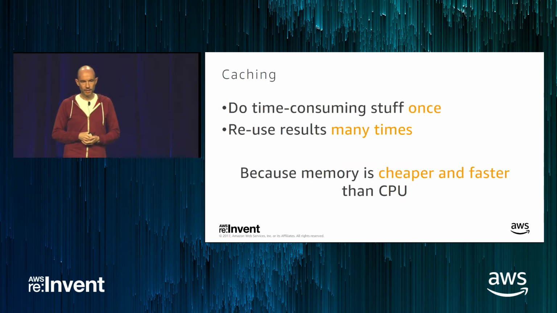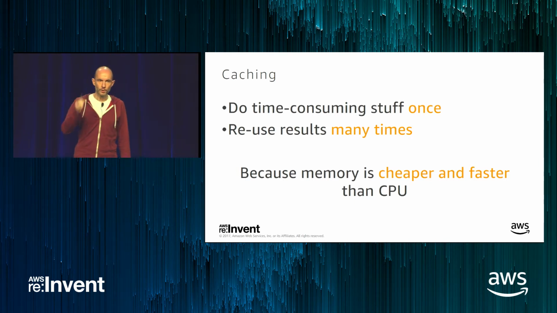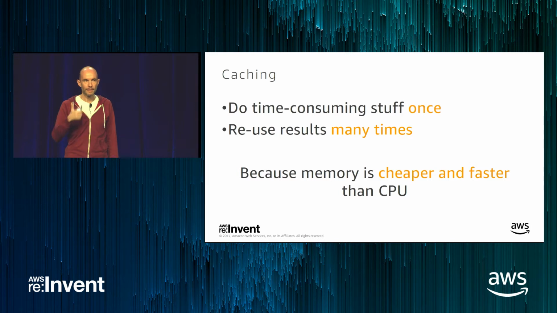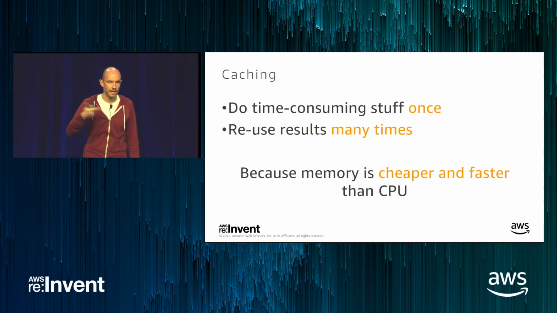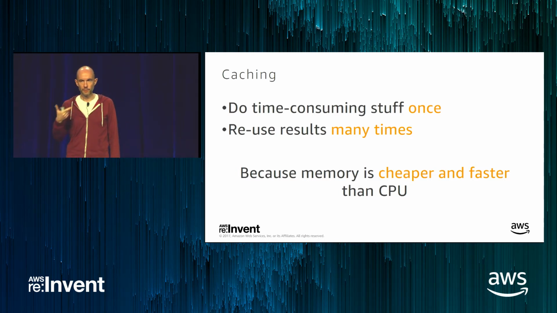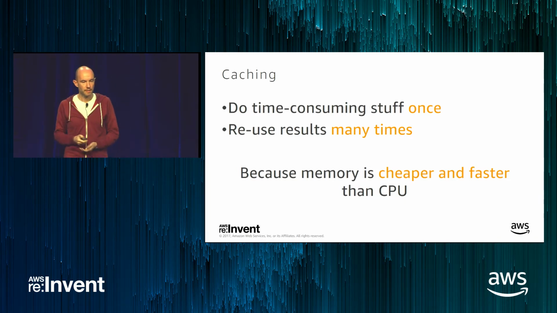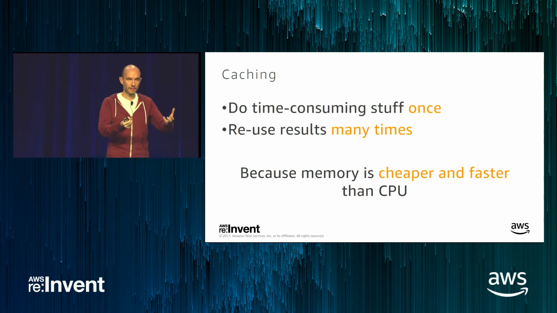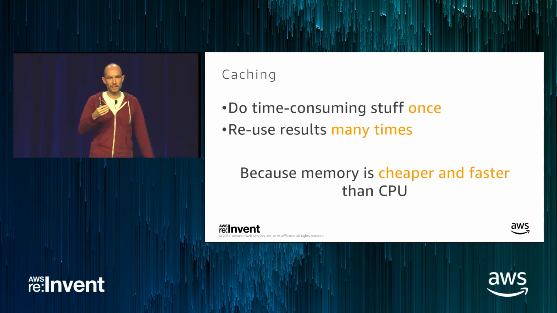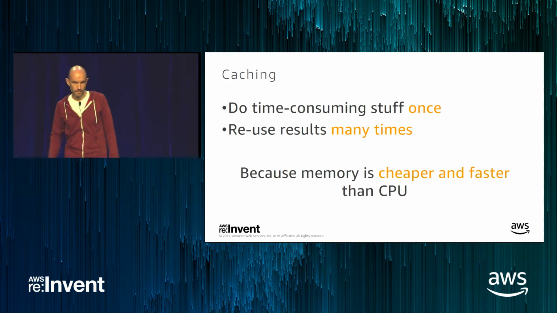Caching means do the hard stuff that consumes your time only once, and then reuse those results as many times as possible. The reasoning here is that in the cloud and in IT, memory tends to become cheaper and faster than CPU. So if you can get your transaction computed and then save those results, it's a lot easier to retrieve those results than computing them again.